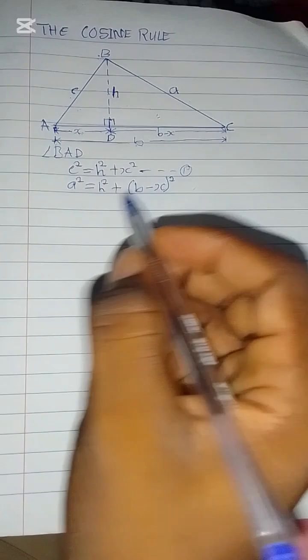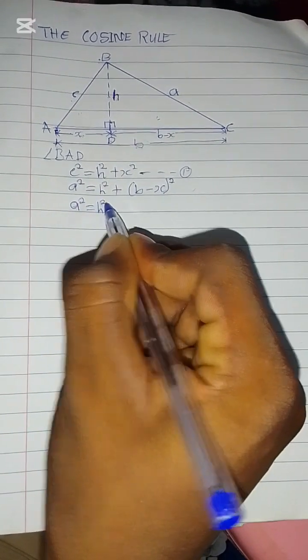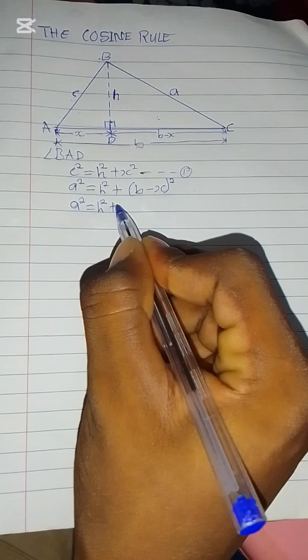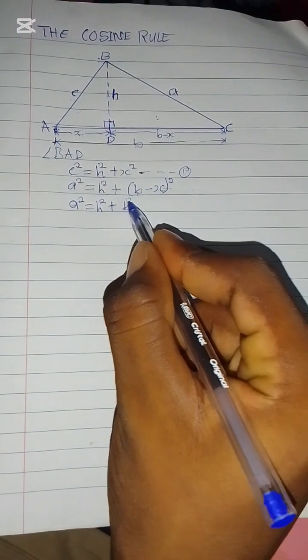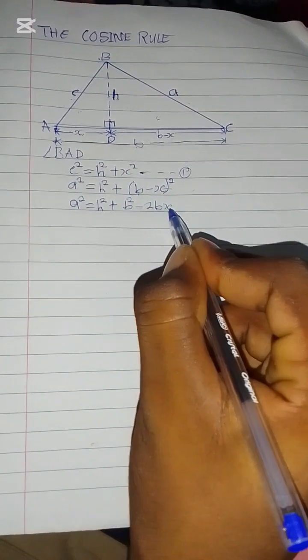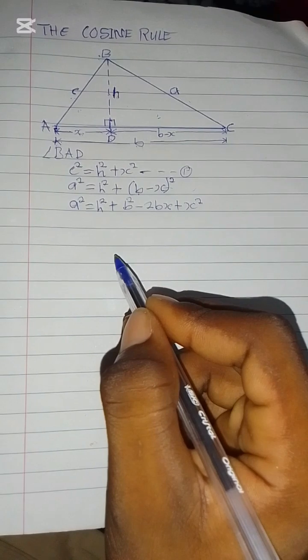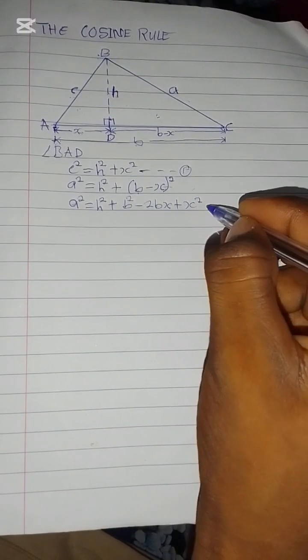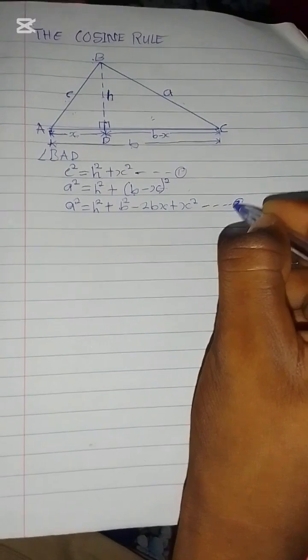Continue simplifying, we have that a squared will be equal to h squared plus, by simplifying this bracket, b squared minus 2bx plus x squared. I'll name this one equation 2.